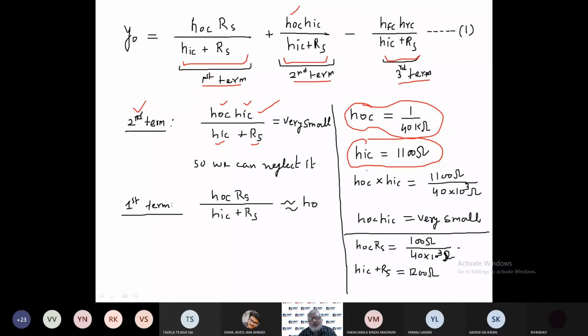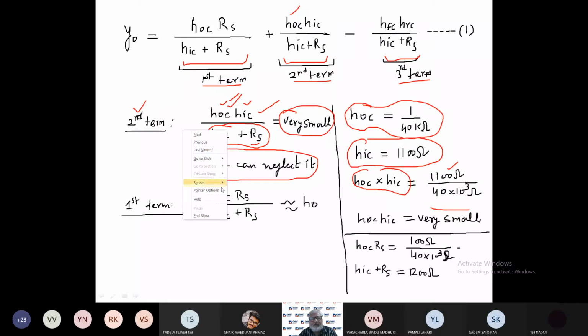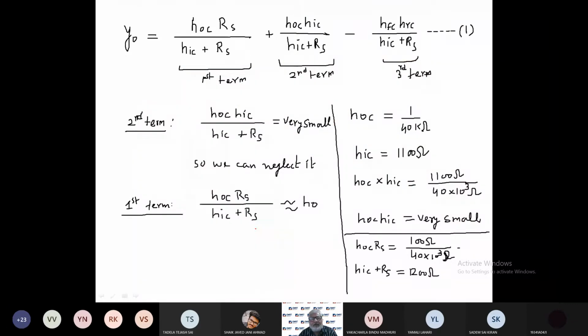Right? So the numerator part, hoc hic, is very small. You can see 1100 ohm divided by 40 into 10 raised to power 3 ohm. So this will be very small. So the numerator is very small, and this small numerator is divided by this value. So the final value will be even smaller than that. So this second term is very small. Okay, so we can neglect the second term, right? We can neglect the second term.